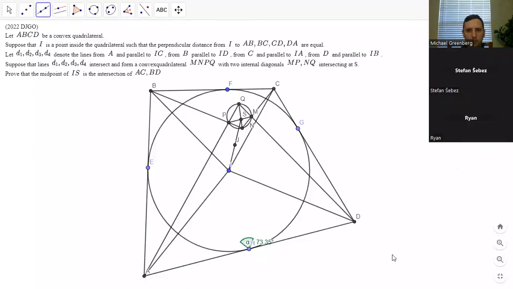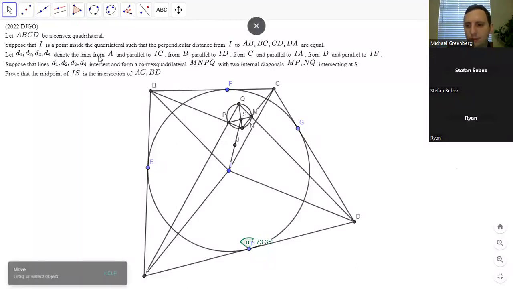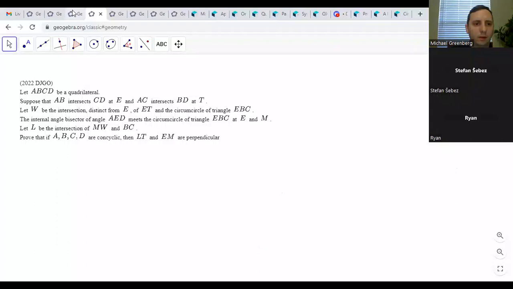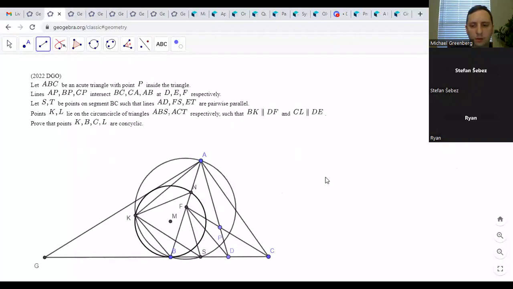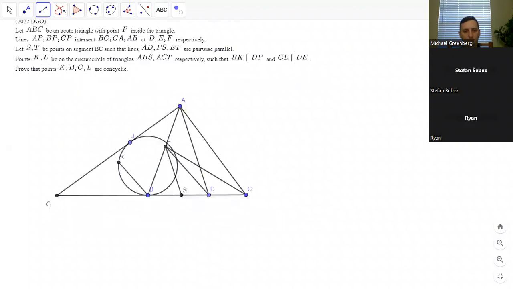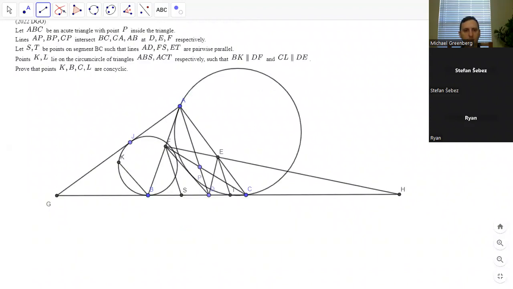I just want to say that I actually have progress in the last problem. Oh, you solved it? No, but I proved one of the two lemmas. Okay. Let's see. The one which is left is the concurrency one. Okay. So I proved this thing with locus.